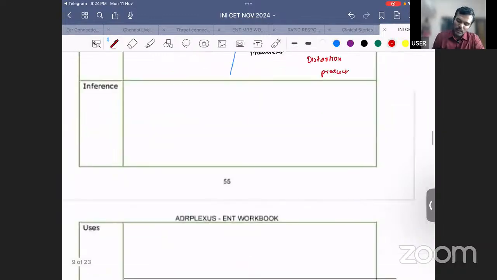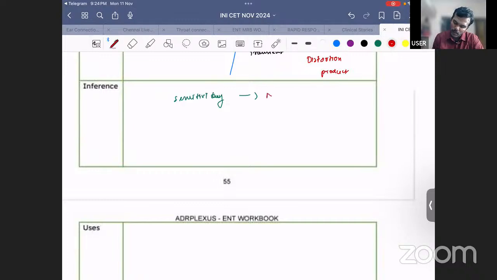So how can you infer? This test has good sensitivity. If it shows normal, hearing is normal.